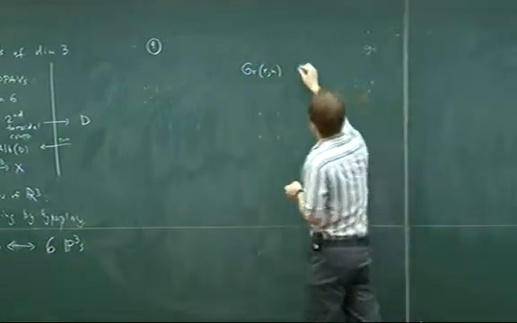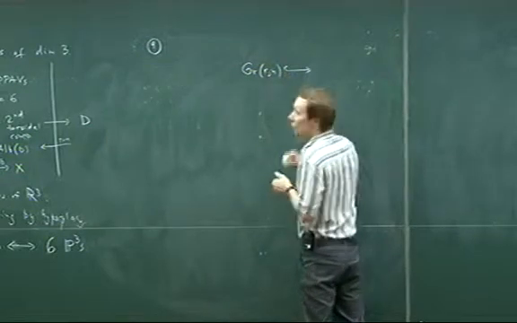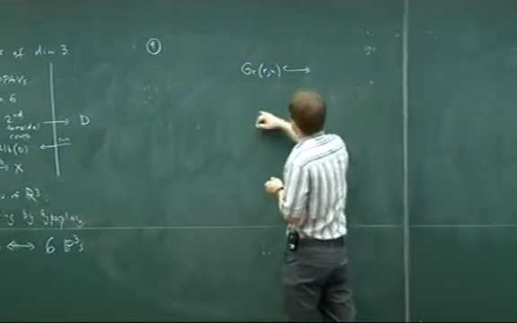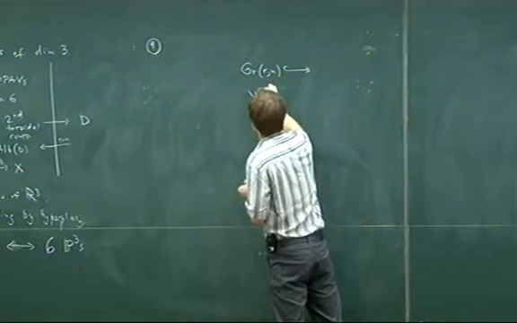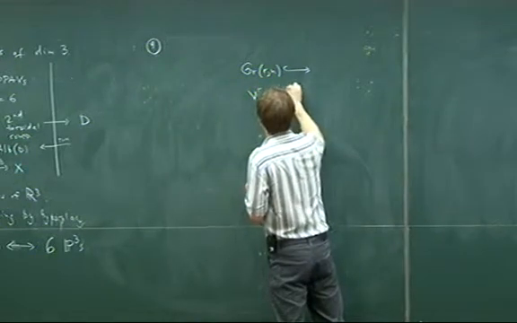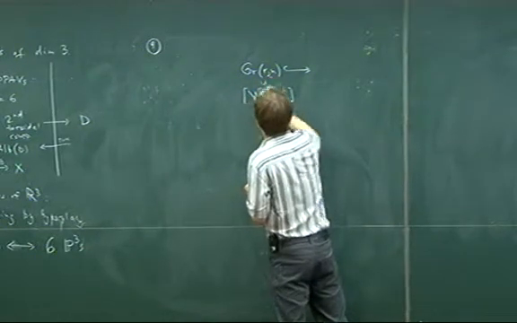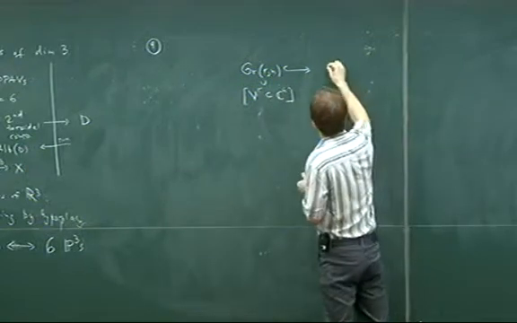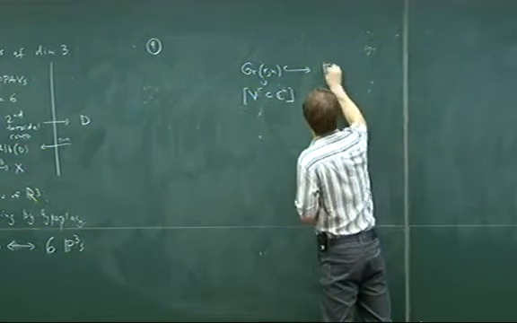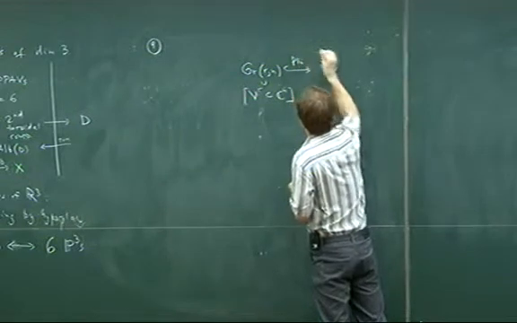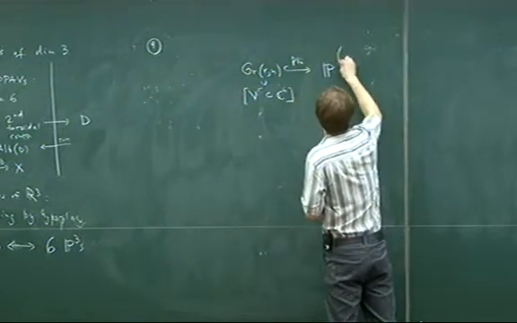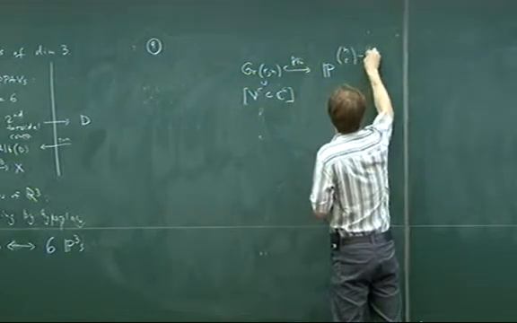The construction is, well, if we just look at the ordinary Grassmannian of r-dimensional spaces in C^n, then that can be embedded by a Plücker embedding into this space.